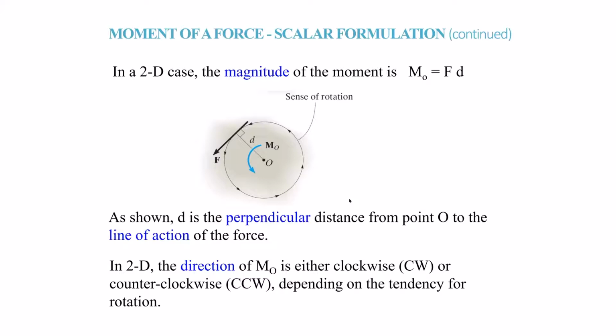When we get three-dimensional cases, the appropriate components, their magnitudes and signs, work out in the equation. But when we're dealing with two dimensions, it's positive if it's causing counterclockwise rotation, and negative if it caused clockwise rotation.